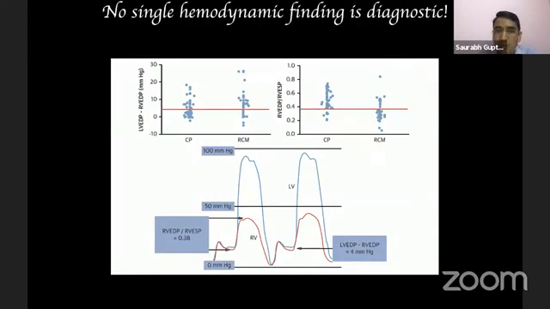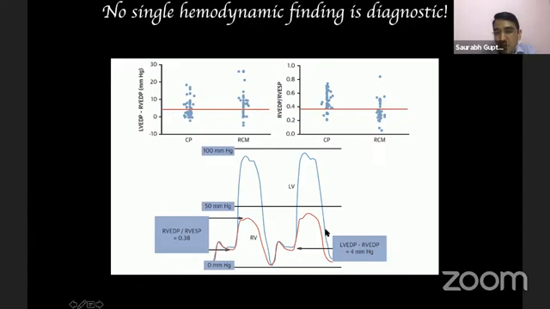Now, this is a common question which comes to our mind. If there are so many signs, which one is the most important sign? So like many other things in hemodynamics, and for that matter in our life and clinical practice, no single hemodynamic finding is diagnostic. As you can see over here, this is the spread of LVEDP minus RVEDP.